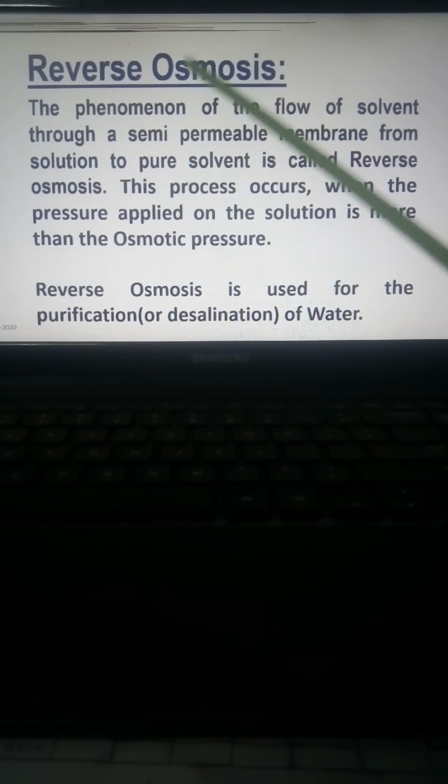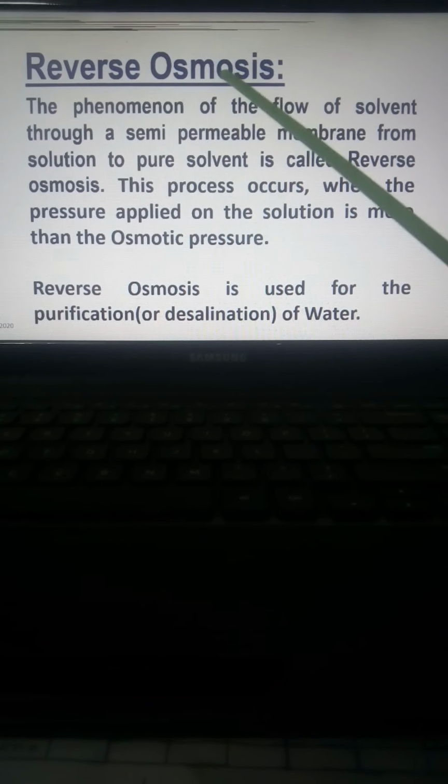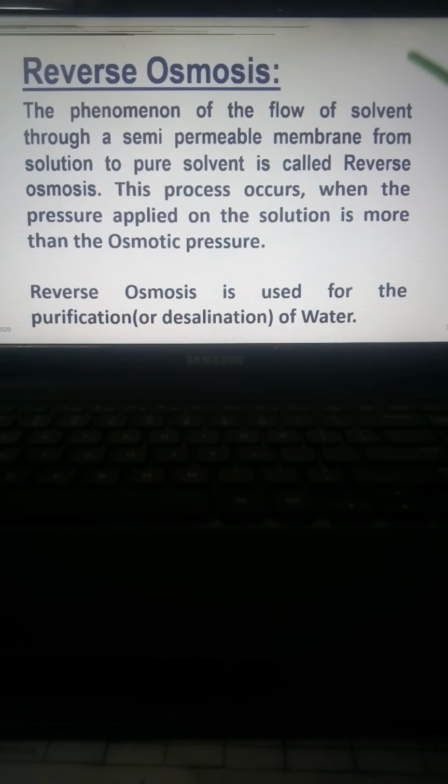Now another term we have to know is reverse osmosis. Reverse osmosis is just the opposite of the phenomenon of osmosis. That means there will be a flow of solvent from the solution to the solvent side. For that to happen, we have to apply some pressure on the solution side.